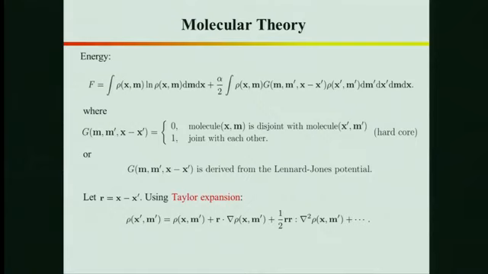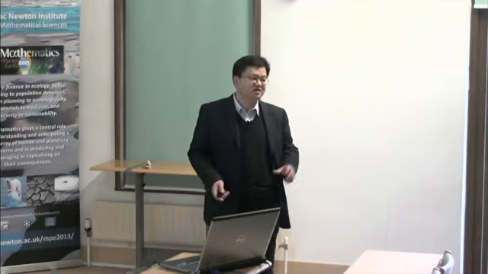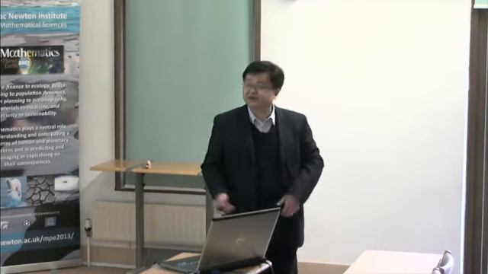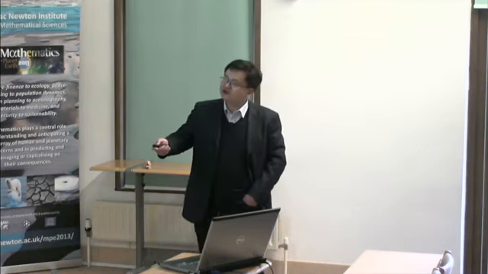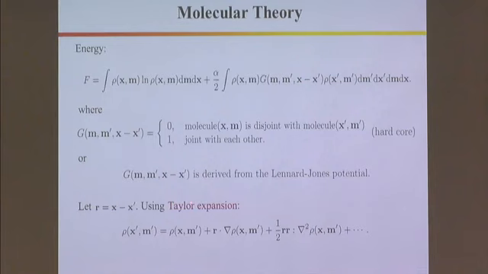Actually, now we have the molecular theory in this way. I use the hardcore potential because hardcore is easy to analyze. This one is derived for the Lennard-Jones potential too, but it's difficult to analyze. So now you use the Taylor expansion. Taylor expansion means this molecule is not far away from another molecule.